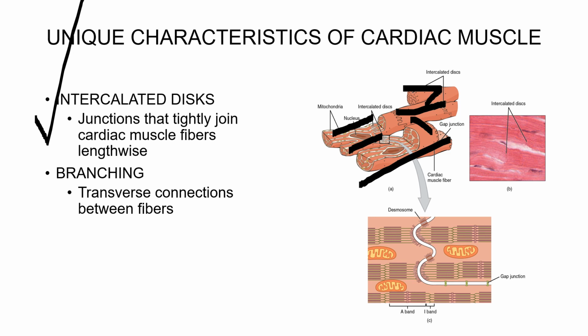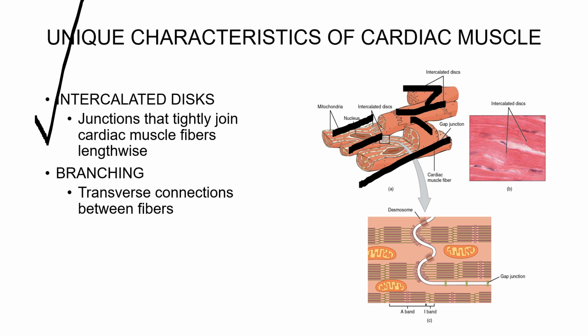These are tiny little gap junctions. So it's a connection point with a tiny little gap, and that gap allows the ions, those electrolytes, the calcium, sodium, potassium, to move back and forth. So even though they're not as neat as skeletal muscle, they are all still connected, and they can communicate with one another through these tiny gaps called intercalated discs.